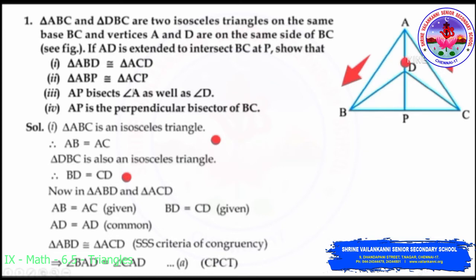So coming to the triangles, I got AB is equal to AC, isosceles, AD as the common side, and BD is equal to CD. So by SSS criteria of congruence, triangle ABD is congruent to triangle ACD. Angle BAD is equal to angle CAD by CPCT, that is corresponding parts of congruent triangles.